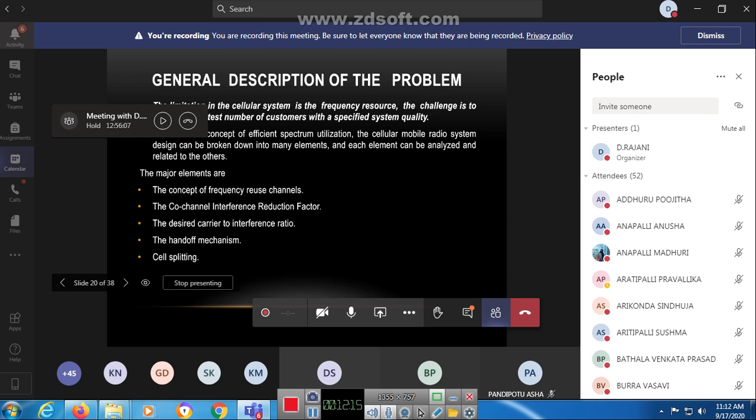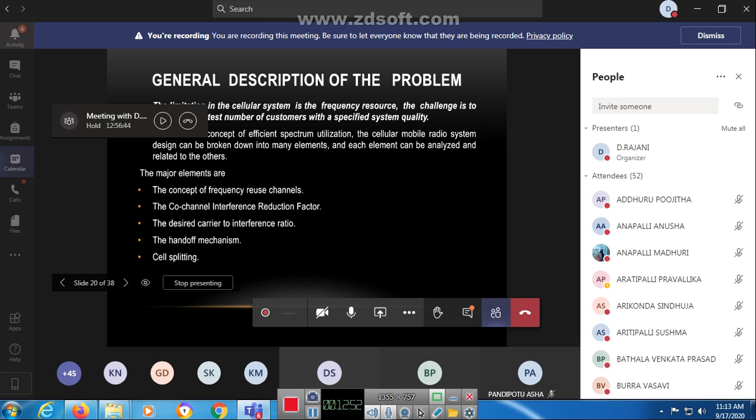Macro cell is considered in rural areas with low power generation, or sometimes cities with high power generation. We consider it by distance, 3 to 35 kilometers. 3 kilometers is high power, whereas 35 kilometers is low power, because when the distance increases the power decreases.